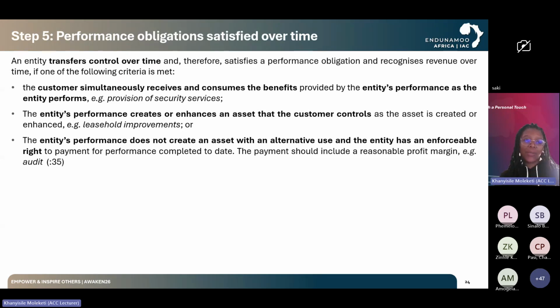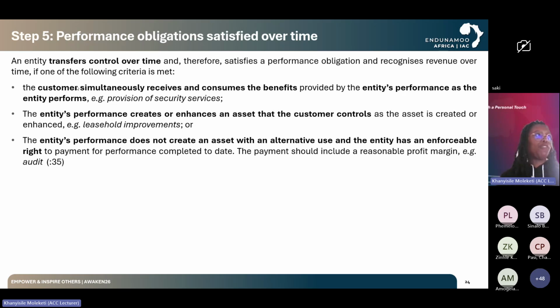So when you're assessing whether you've got an enforceable right to payment for performance completed to date, it must be payment that will cover the costs as well as be within the range of the margins for that particular type of business and that particular type of customer. So it does not necessarily have to be the exact profit you're going to earn if you completed the contract, but it must be within that range, within this world, this sector, this customer, this type of asset you're creating.